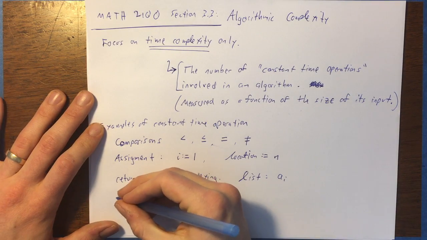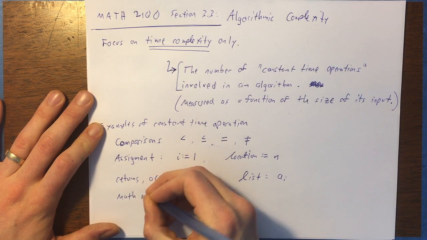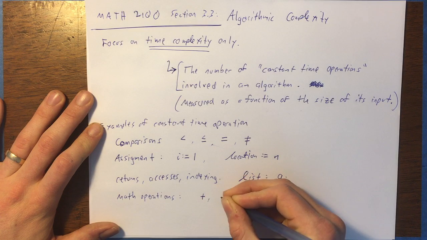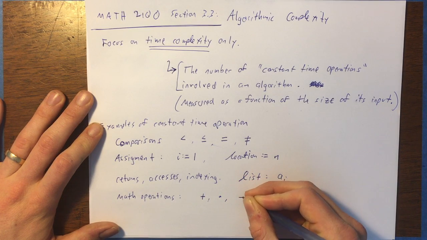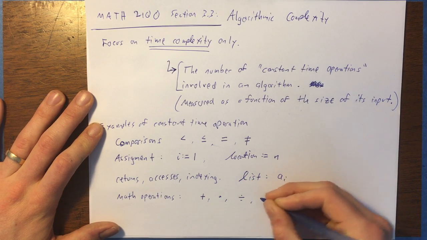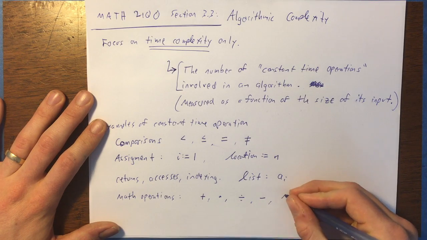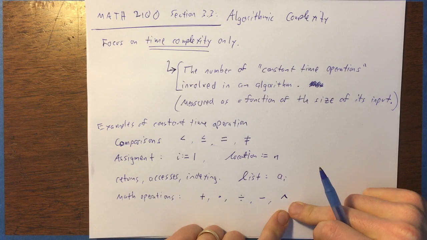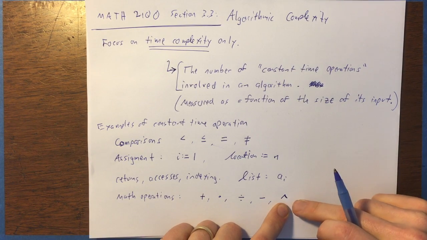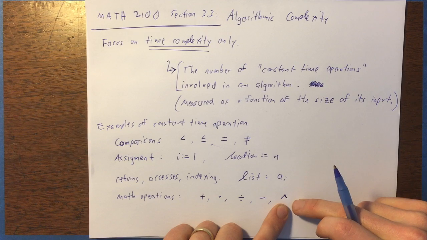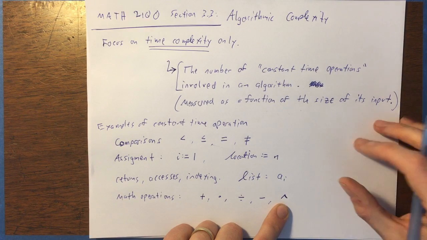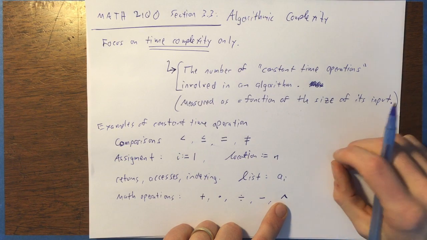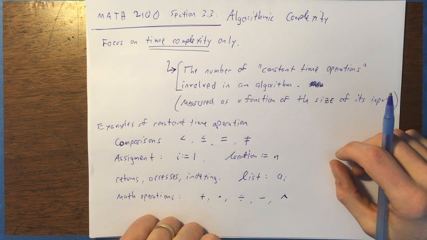And then we have math operations: when you are adding, multiplying, dividing, subtracting, or even exponentiation. Exponentiation is a little bit complicated. I don't really understand this, but Andrew was telling me that exponentiation isn't necessarily always a constant time operation, but it's often treated as if it is when we're analyzing complexity.